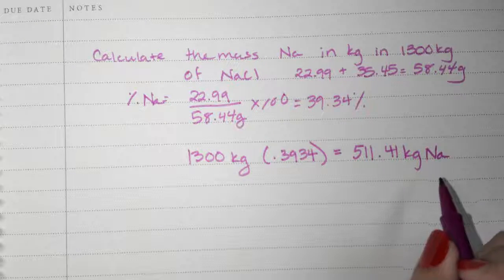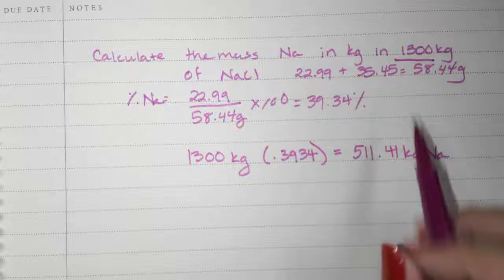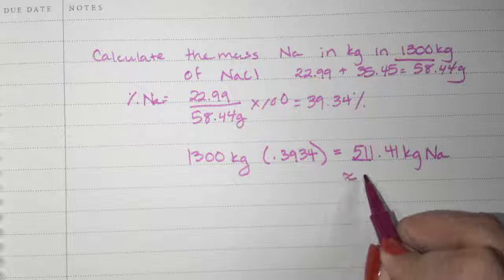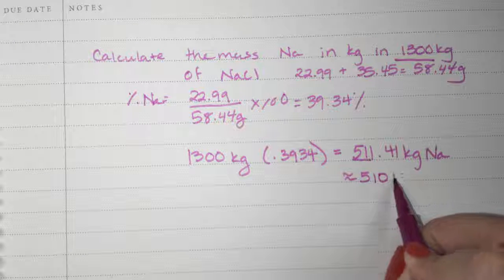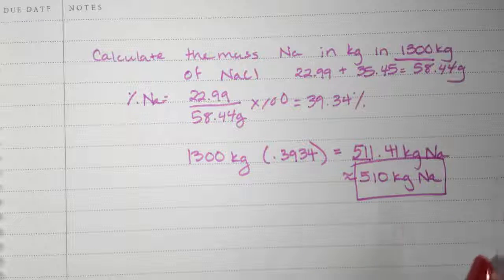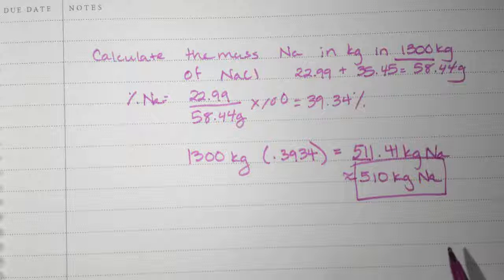And remember, significant figures, we go all the way back to the number they gave us in the problem. 2 sig figs here, so I want only 2 sig figs, which means I have roughly 510 kilograms of sodium within 1,300 kilograms of sodium chloride.